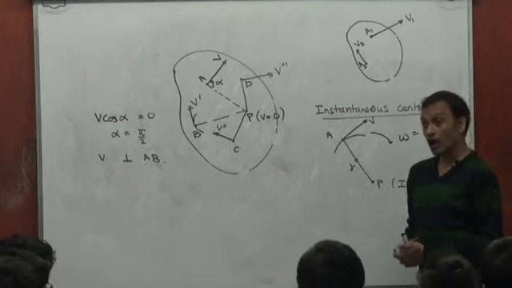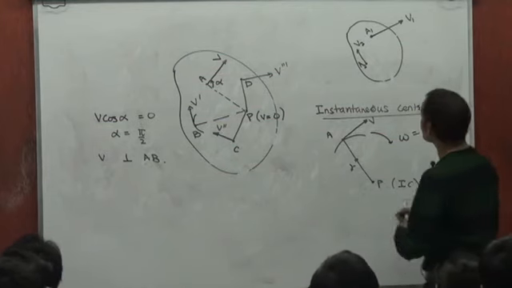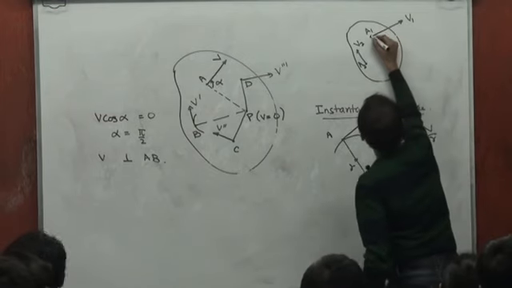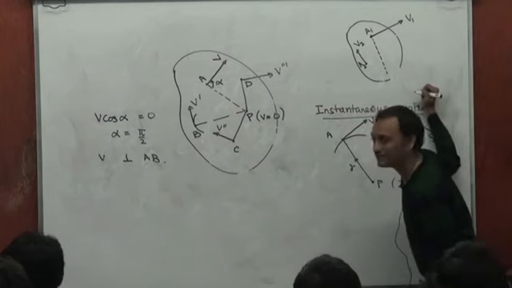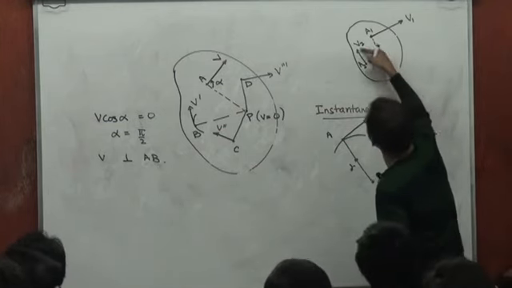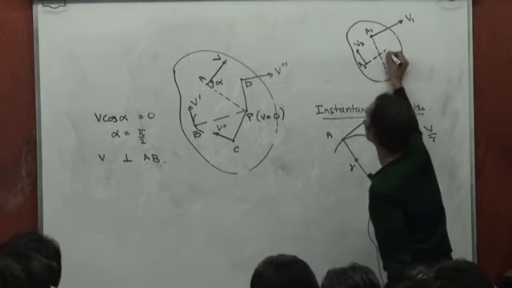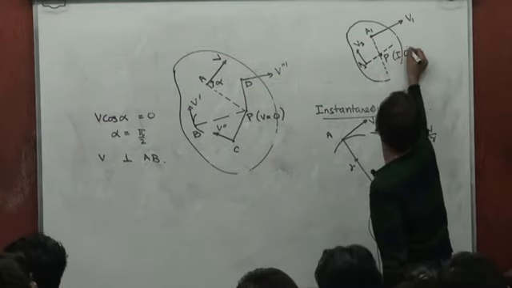And if you are asked to find the instantaneous center of this rigid body, then the instantaneous center must lie on a perpendicular to V1 passing through A1, and it must also lie on the perpendicular to V2 passing through A2, and the intersection of the two will give me the instantaneous center.